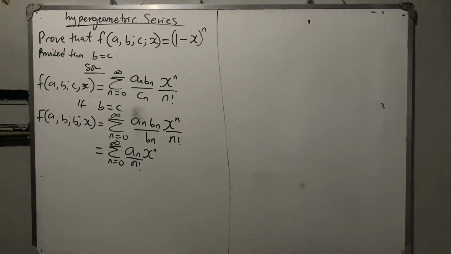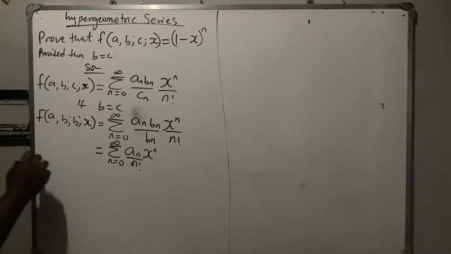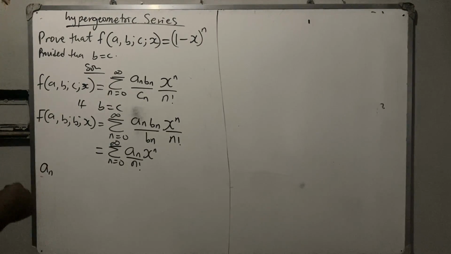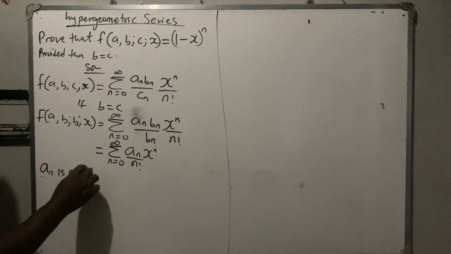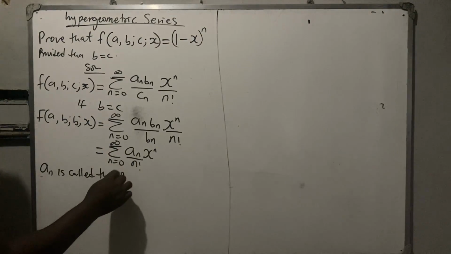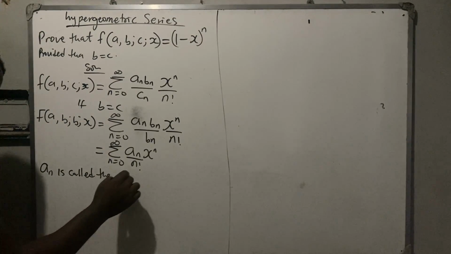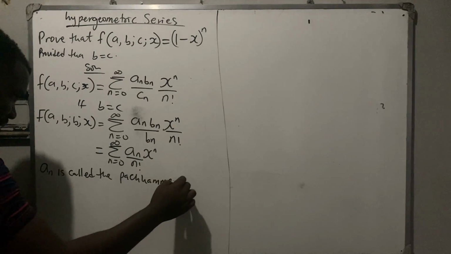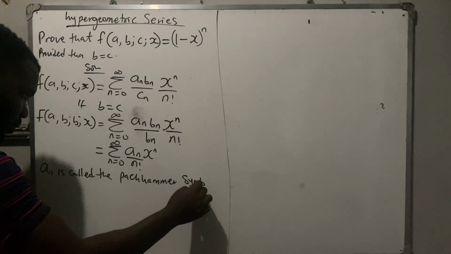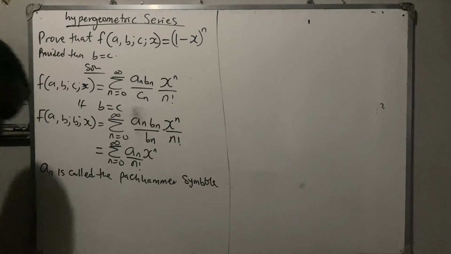Now, don't forget that (a)_n is called the Pochhammer symbol, which is the rising factorial.